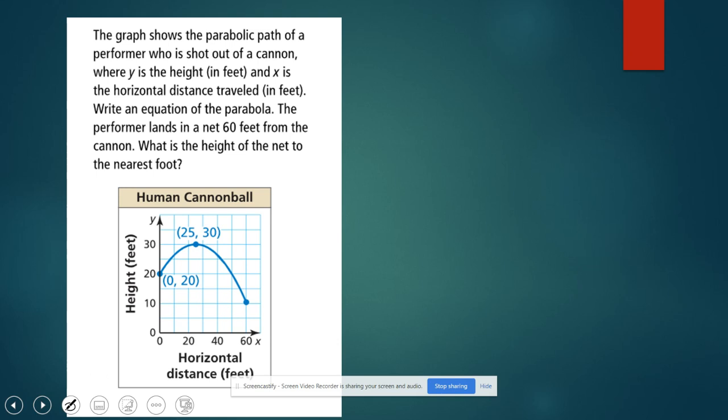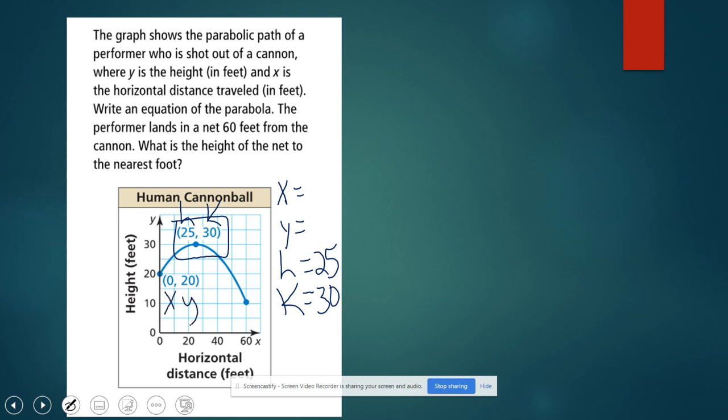All right. So another human cannonball graph. Remember, we need X, Y, H, and K. So looking for the vertex, our vertex is here at 25, 30. That's H, K. So H is 25 and K is 30.